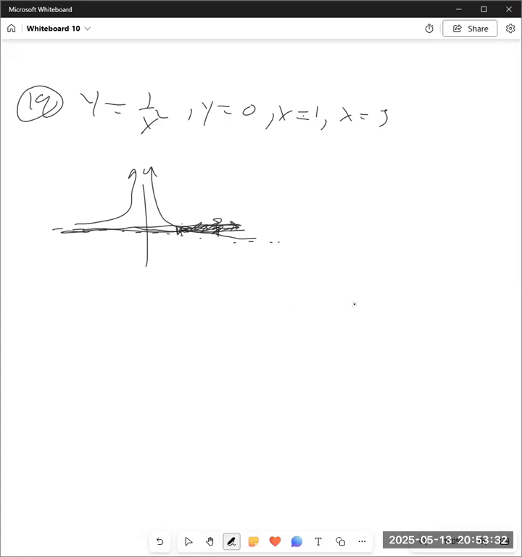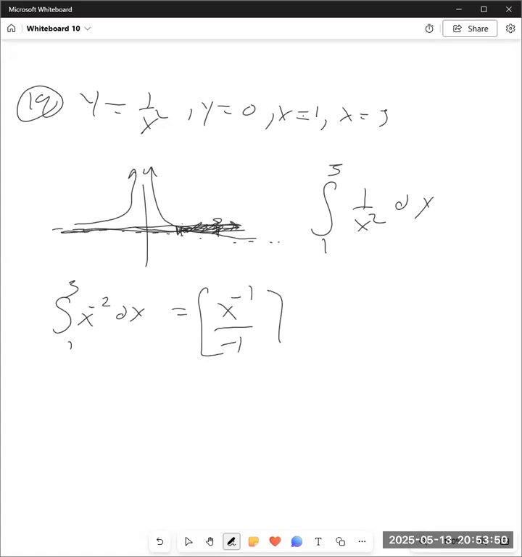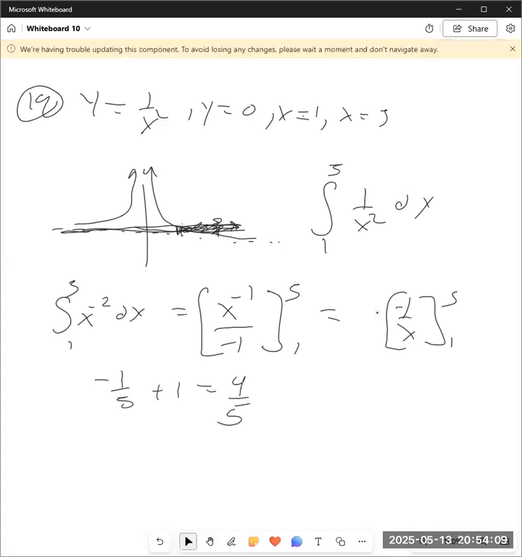So we're going to have the integral of 1 over x squared from 1 to 5. It's going to be the integral of x to the negative second dx from 1 to 5, which is x to the negative first over negative 1 from 1 to 5, which is negative 1 over x from 1 to 5: negative 1/5 plus 1 is 4/5.